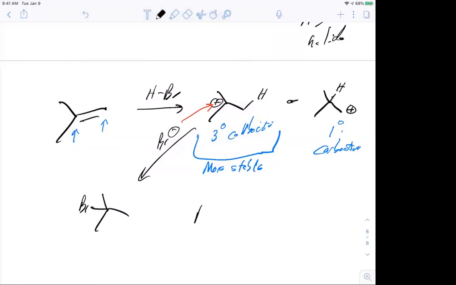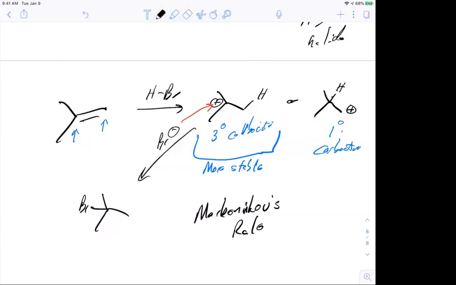Okay. This is known as Markovnikov's rule. The way Markovnikov's rule is stated is that the group that's added is added to the most substituted side. That's because the carbocation is going to be formed at the most substituted side.